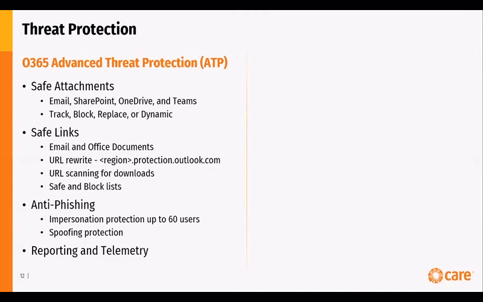So this is something which you already know. All the links that we share with each other, if you are on the global shared tenancy, you might have noticed that the links are wrapped inside the protection.outlook.com Microsoft service. So the anti-phishing is there, spoofing protection is there, and very, very rich reporting and telemetry is there. So that is on the online side.